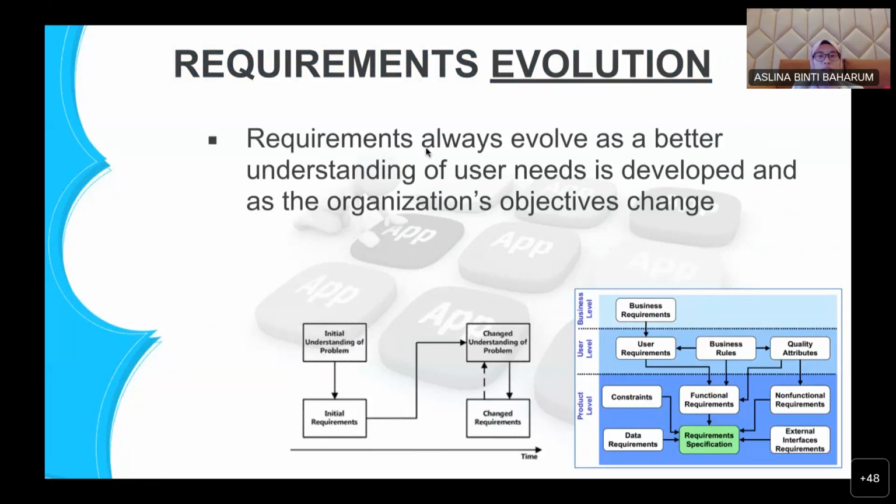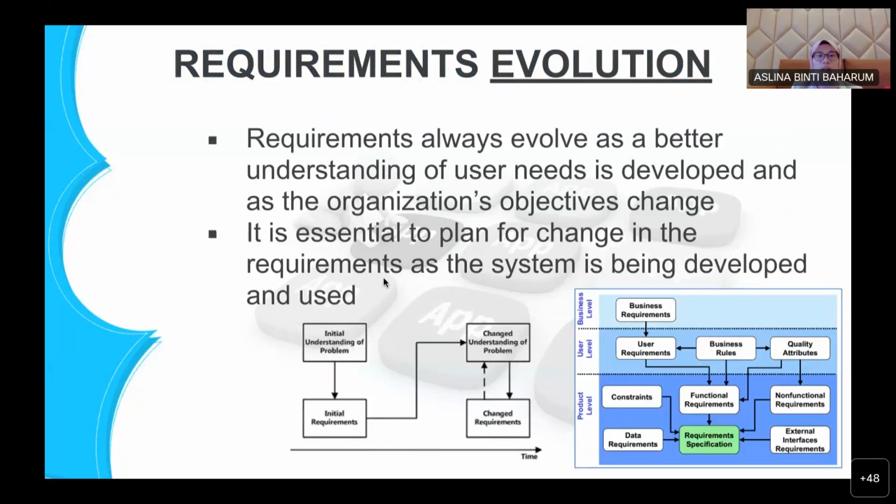Requirements always evolve as a better understanding of user needs is developed and as the organization's objectives change. It is essential to plan. This is just to inform you that the evolution process may be needed, that's why we call it iteration.